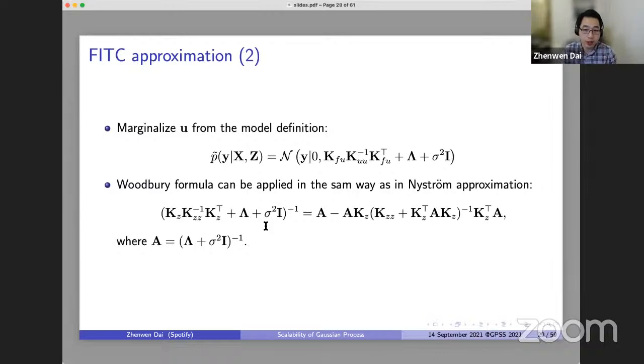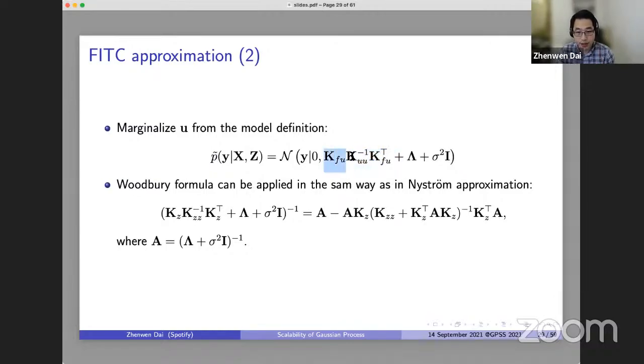In this formulation, we do not know U, but we can marginalize U out, because P of U and P of y given U are both normal distributions. If we marginalize U out, we get an approximate Gaussian process distribution of y given x and z, which is written in this form: K_FU, K_UU inverse, and K_FU transpose.